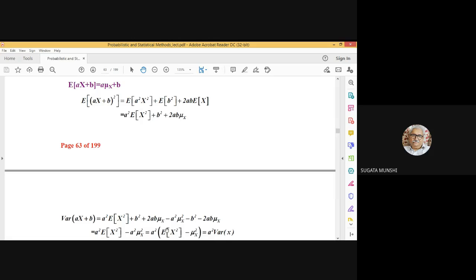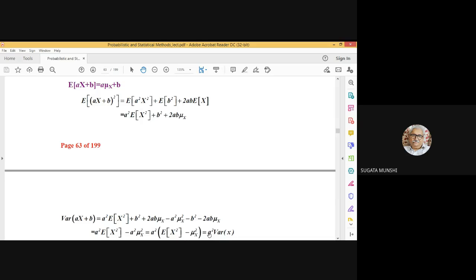These two b squared terms cancel out. Then twice ab mu x, those two terms cancel out. So what remains is simply a square expectation of x squared minus a square mu x squared. So it is a squared, you have taken a squared common, a squared times the mean square value of x minus the square of the mean value of x.